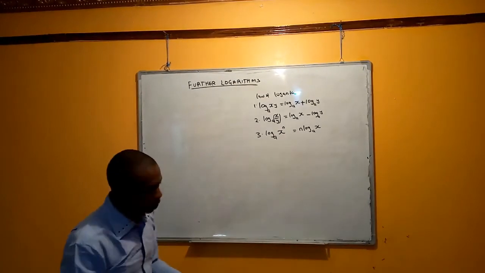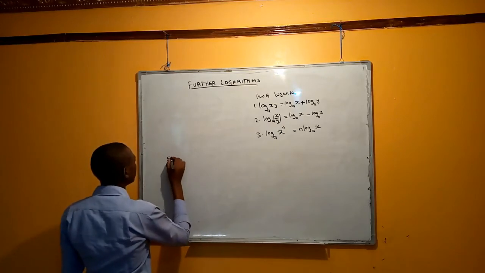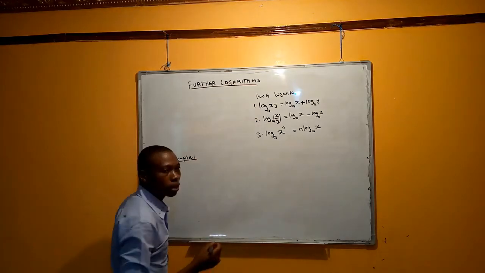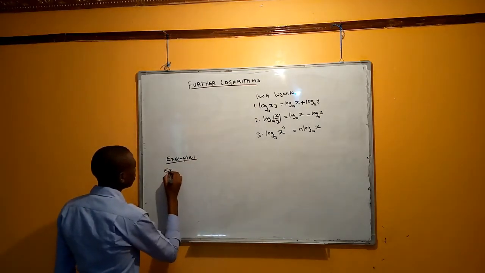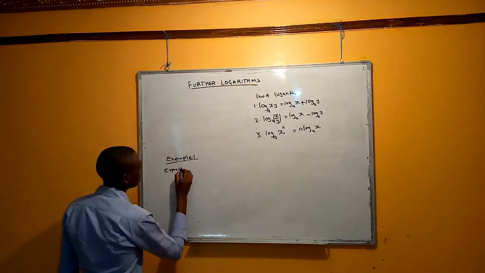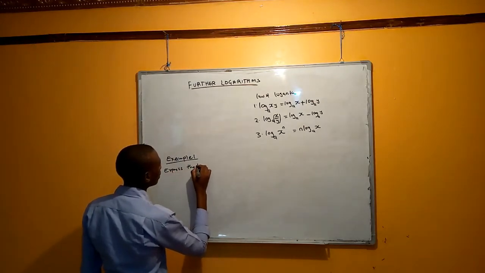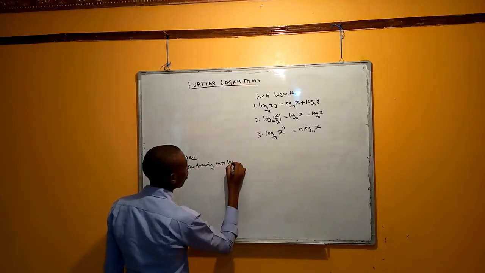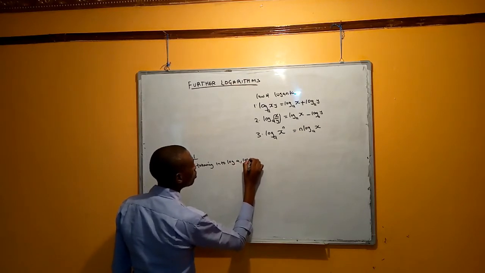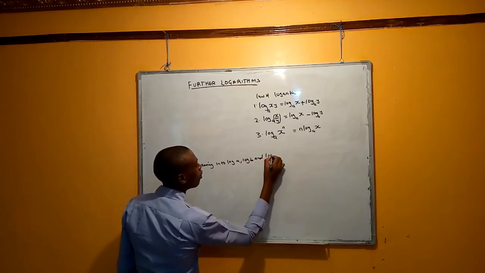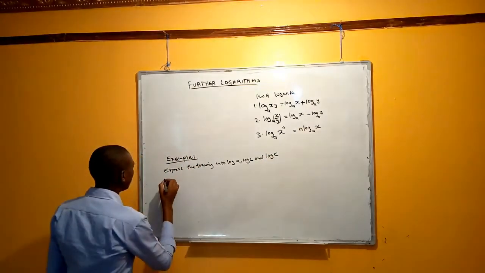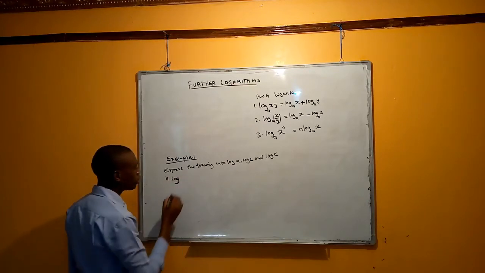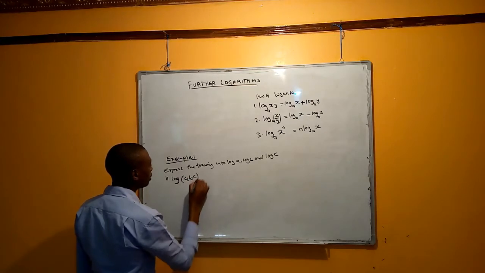Like for example, I want us to do this example. This is example 1. You are told to express the following into log A, log B, and log C. Roman 1, we are given log of ABC.